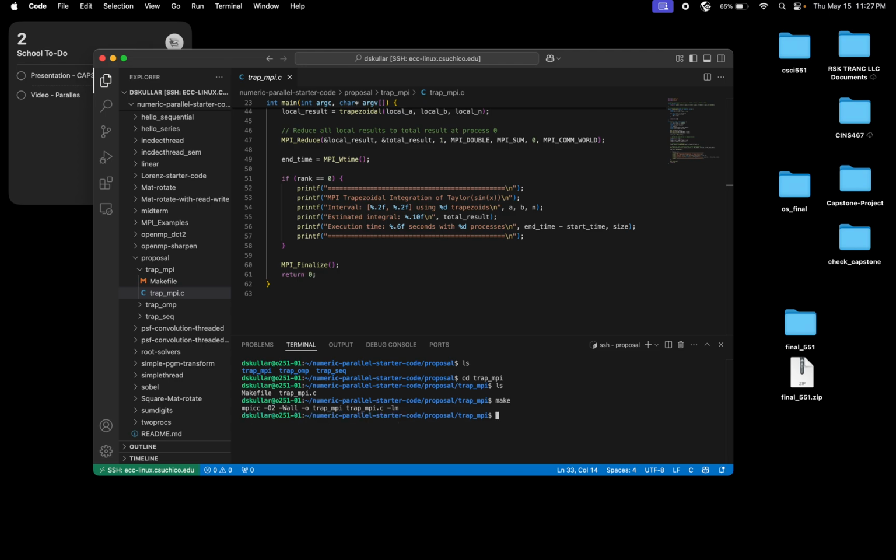So we simply make it, and it is mpirun. We'll do this for 4 processes, ./trap_mpi.